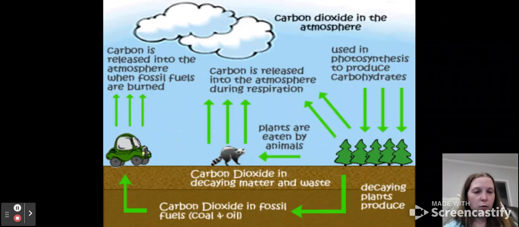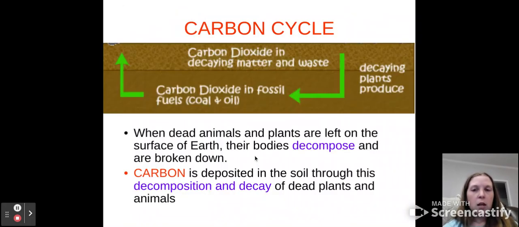So here's just another quick look at that. If you want to pause and get this really written down in your notes, you can. When dead animals and plants are left on the surface of the earth, they will decompose. We've got scavengers that will help do that. They'll just decompose by nature and get broken down and kind of pushed back into the soil.